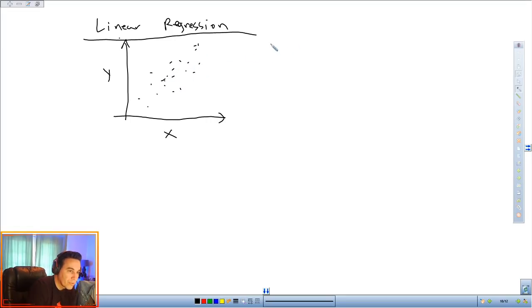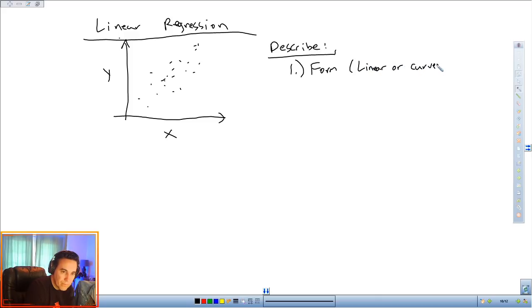So when you're describing a scatter plot, remember, what do we have to describe? We have to describe form. Is it linear or curved? So first thing is form.